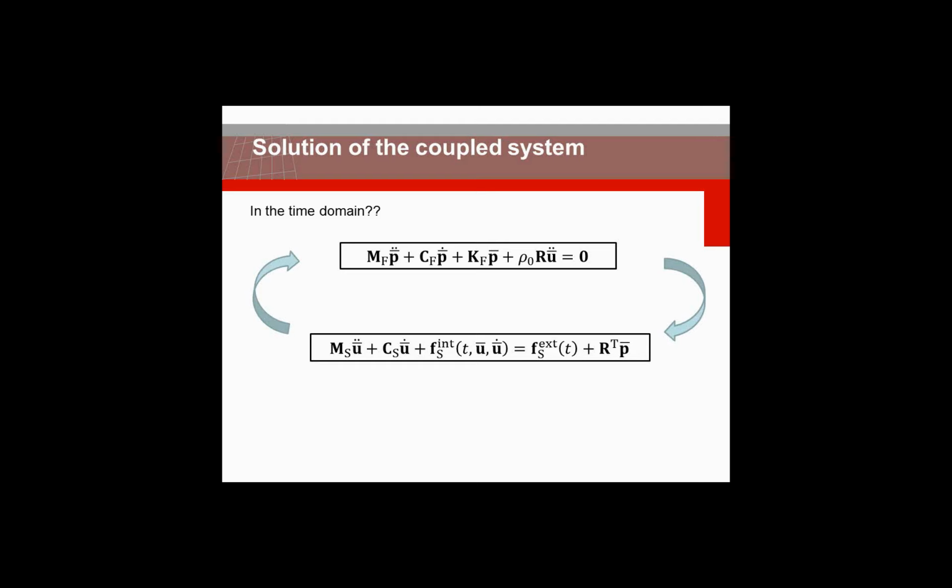We could do it in an iterative manner in which we assume a first pressure vector in the second equation, introduce this initial approximation, and solve it just as a solid domain equation, and we get a displacement vector that we replace in the first equation of the fluid, and again solve it to find another pressure vector.